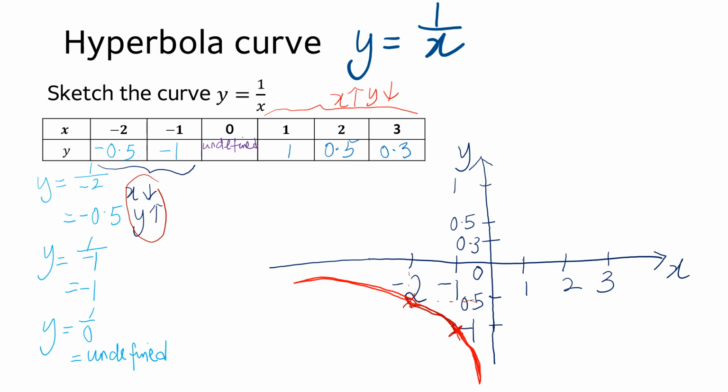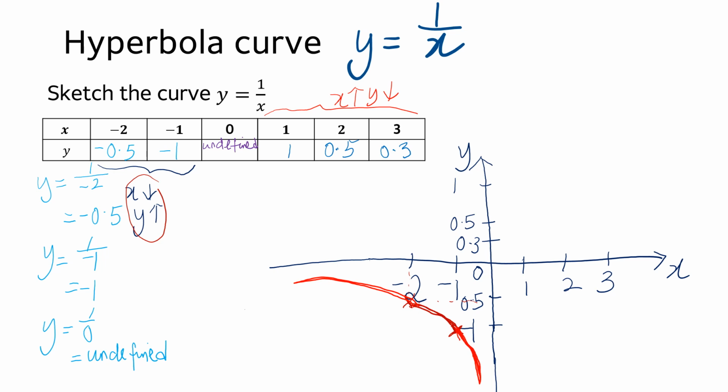The important thing that you must take note of is that the red curve will never touch the y-axis, because 1 over 0 is undefined. If you let your x be 0, you get 1 over 0, undefined. Let me try to explain.